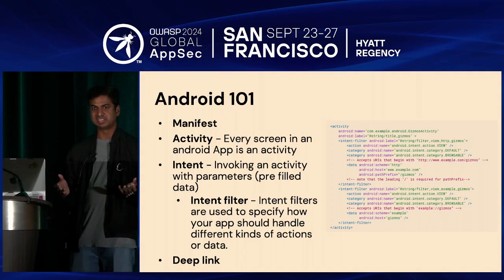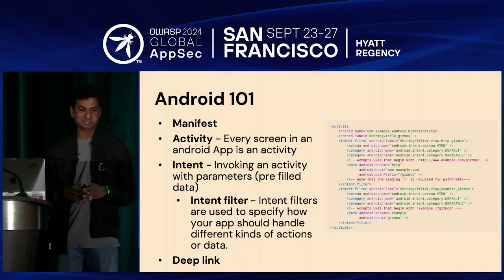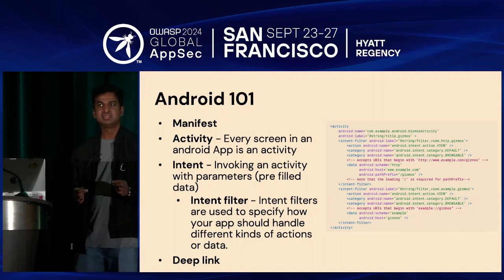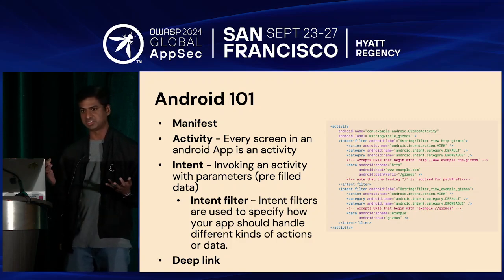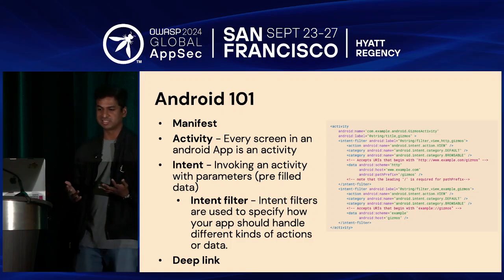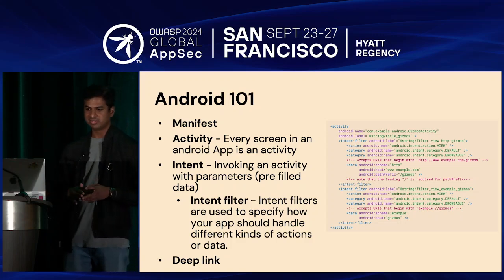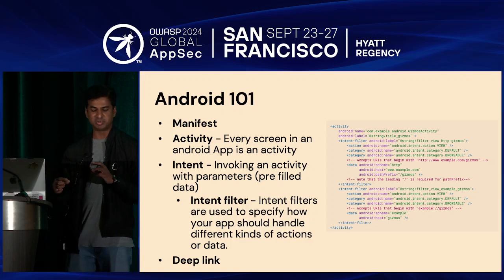All Android applications contain something called a manifest XML. It's basically an XML that contains definitions of what the application does. Things like, does it need access to the camera? Does it need access to the file system or SMS, things like that. And this also defines how the application behaves.